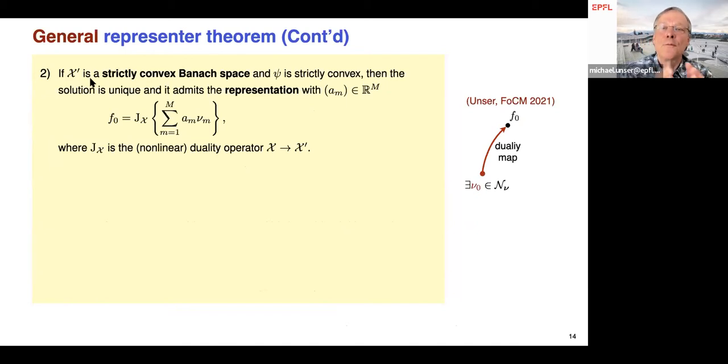Now, if X prime, on the other hand, is a strictly convex space, then you also have a unique solution, and a similar representation, but now this single point is nonlinearly related to this mu via the Banach duality map, and so you have a nonlinear manifold of solutions.